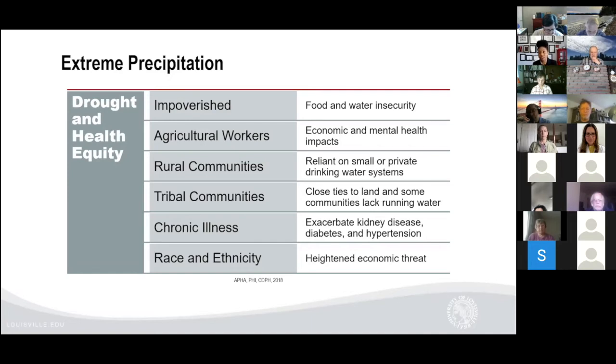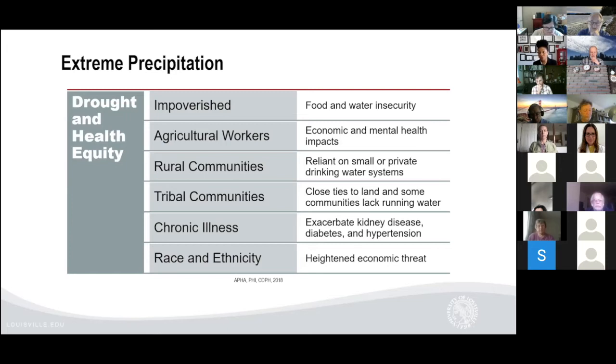There's a study from the mid 1980s on farmers in the Midwest where there was a significant drought, and the suicide rate among farmers rose significantly during that time. So these are very close ties to the land, but very close economic ties, and it has grave impacts on our mental health.